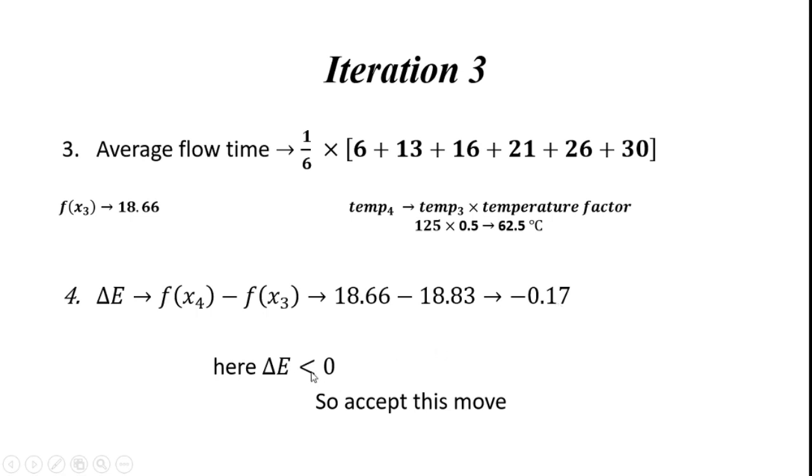Here delta E is less than 0, so accept this move and go for the next iteration. Here the iteration is completed.